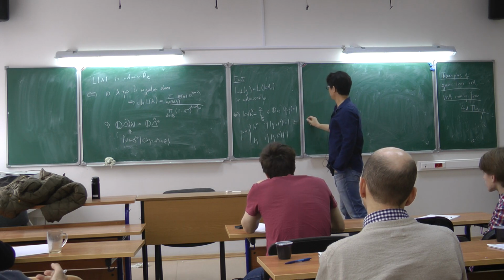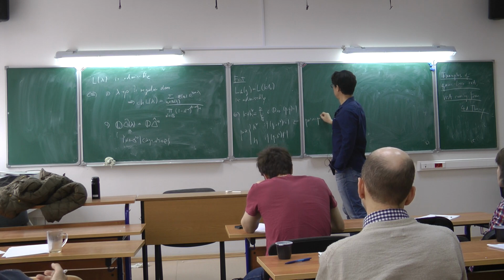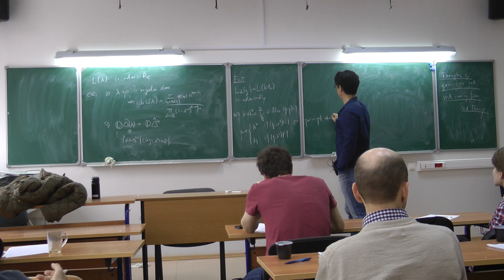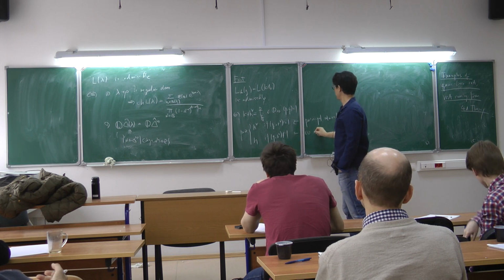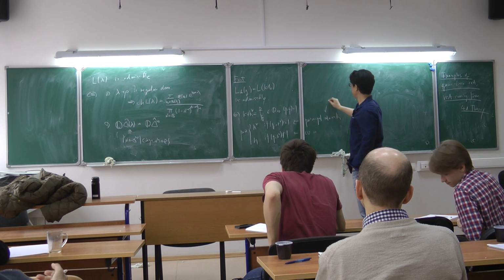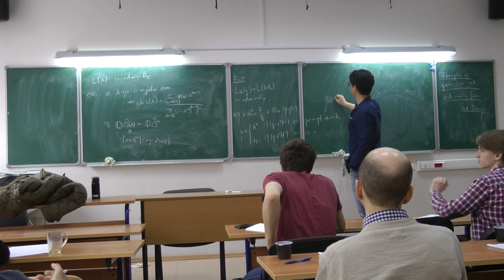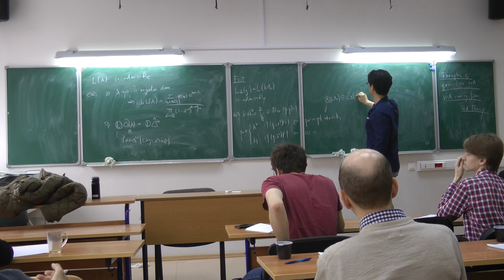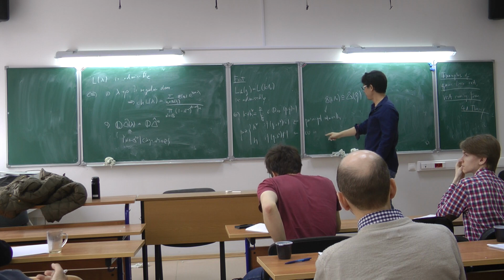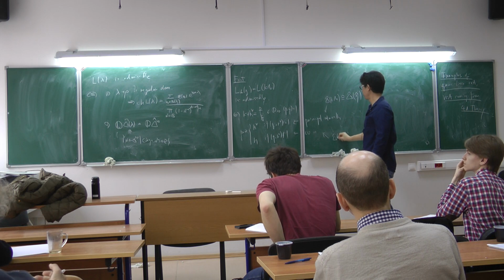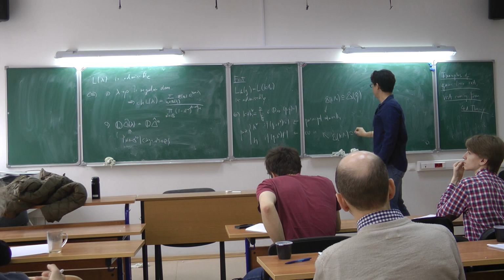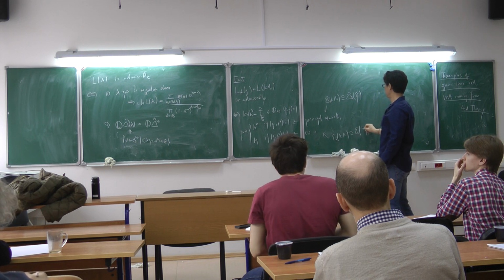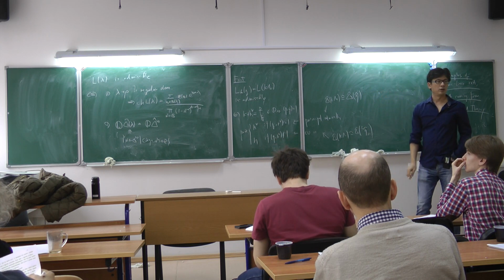This case is called principal admissible, and this case is co-principal admissible. In this case, the integral Weyl group is isomorphic to the integral Weyl group of G hat. But in this case, the integral Weyl group is isomorphic to the Langlands dual of G hat.